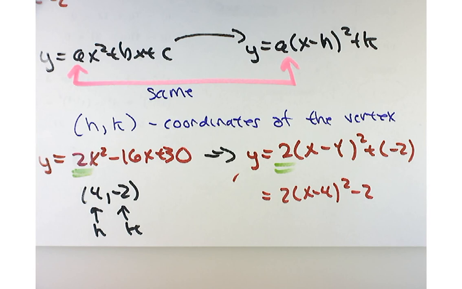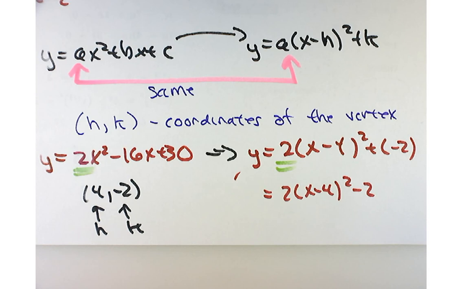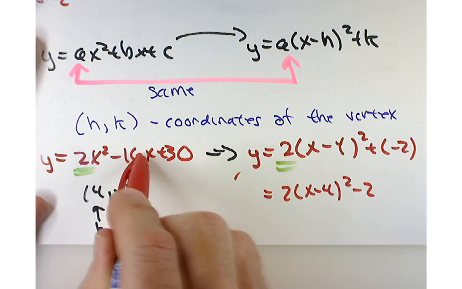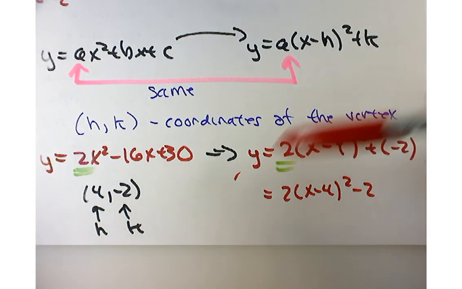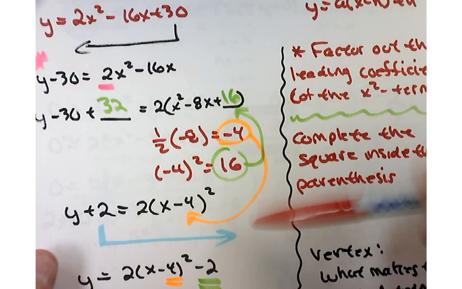If you're good with your graphing calculator, you can get this a lot faster than completing the square. Certainly a question that I will ask on an exam is to go from here to here. Start out with this form and end up right here. If you can do it by finding the vertex, you're a lot better off, I think. Now, as an instructor, I'd like you to be able to complete the square, like we did here.